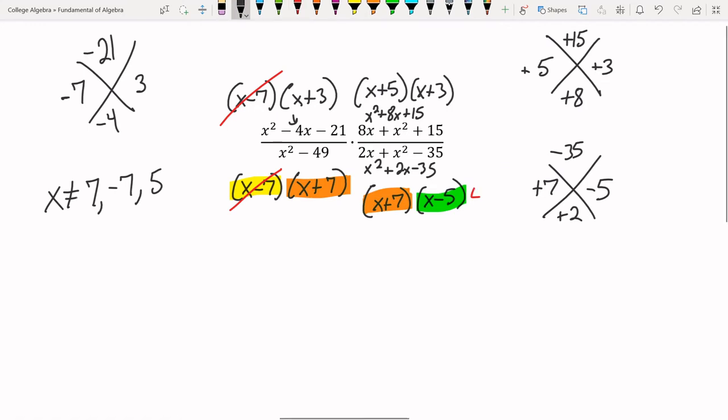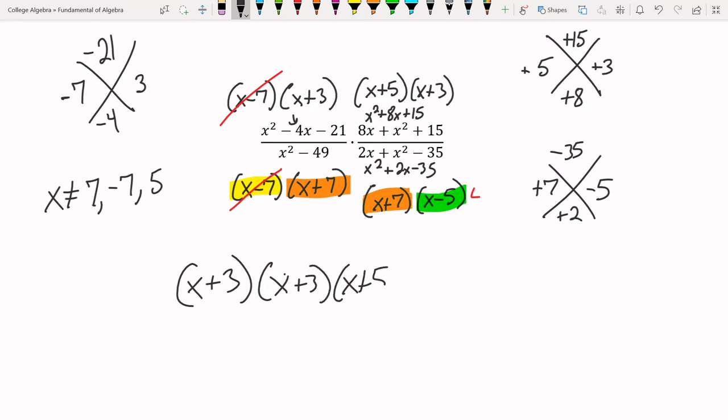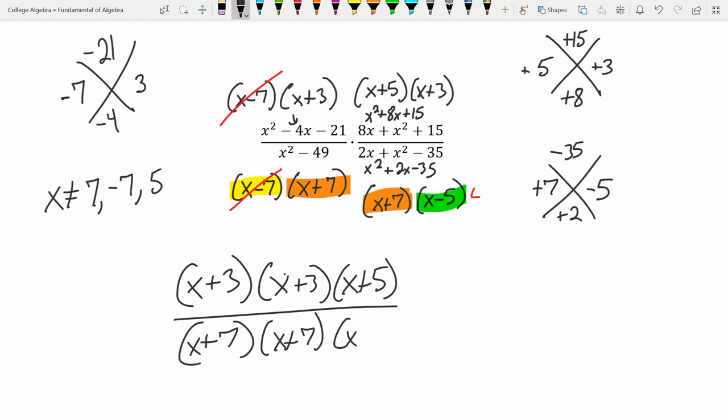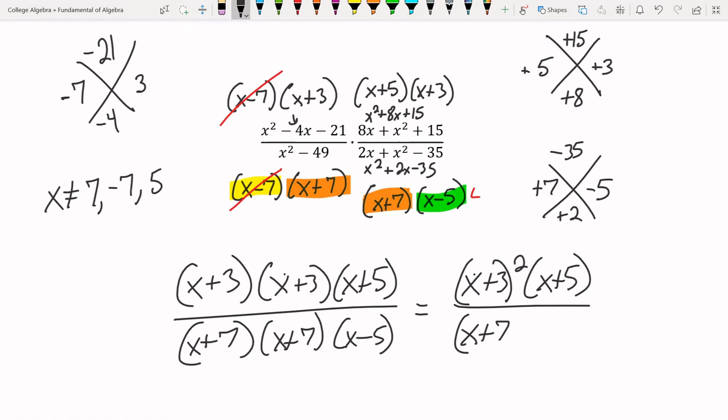So we can now write the answer as x plus 3, x plus 3, x plus 5, x plus 7, x plus 7, x minus 5. I'm going to write this as x plus 3 squared, x plus 5, over x plus 7 squared, x minus 5, where x does not equal 7, negative 7, or positive 5.